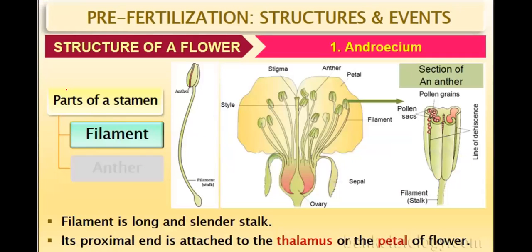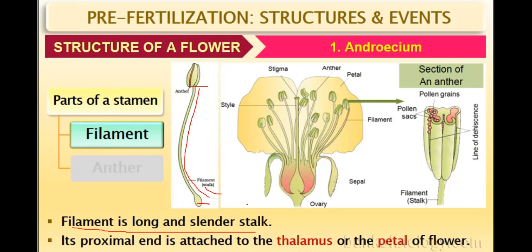Now we'll be discussing the filament. Filament is a long, slender stalk. Another name of filament is stalk. Its proximal end is attached to the thalamus. So this is the proximal end. This is the distal end.